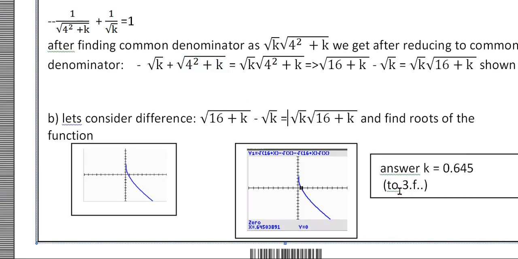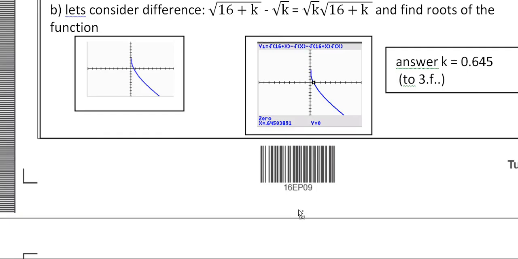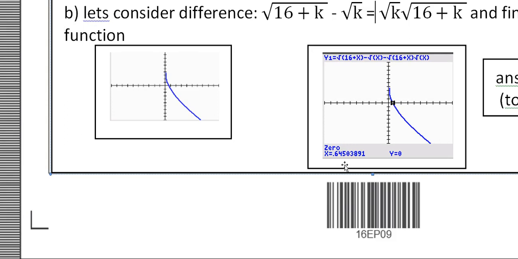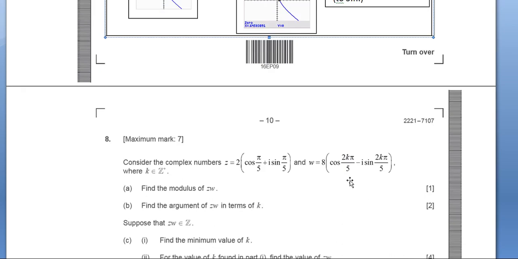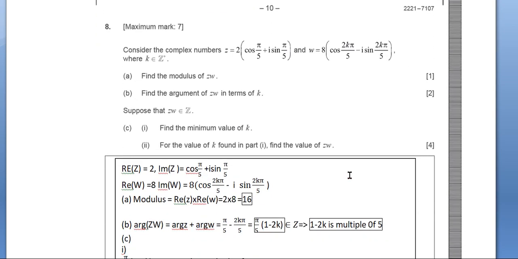So the calculator tells us that it is 0.645. So you see, I first plotted, and then I found the zero, and the zero takes place at 0.645. Is it 5? 5, 0. Yeah, 5, 0, correct. Question 8.